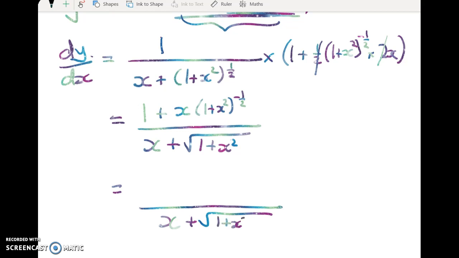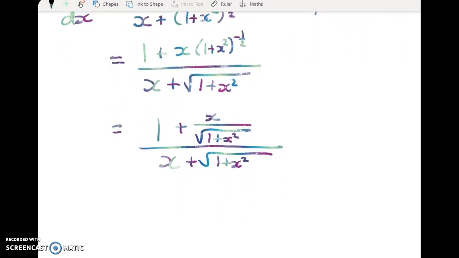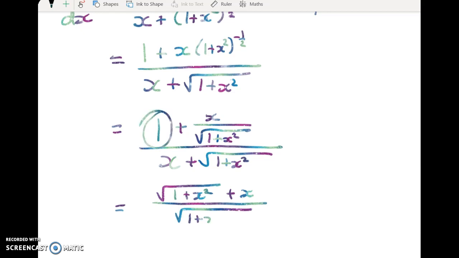So there's my denominator, and here I've got 1 plus x over root 1 plus x squared. So we're going to take a common denominator through on the top line, and we'll have root 1 plus x squared plus x, right, so just dealing with the 1, over root 1 plus x squared.